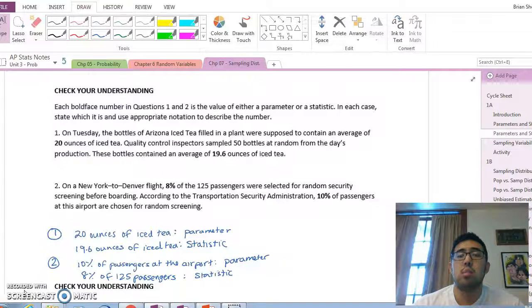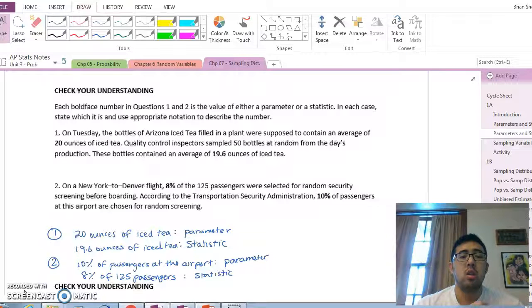So the reason why that's the parameter is that's the assumption of what the population mean is for the amount of iced tea filled in each of the bottles, right? And then you take a sample of 50 bottles, and that has a mean of 19.6. That would be considered the statistic, okay?